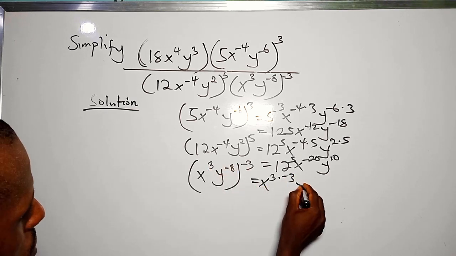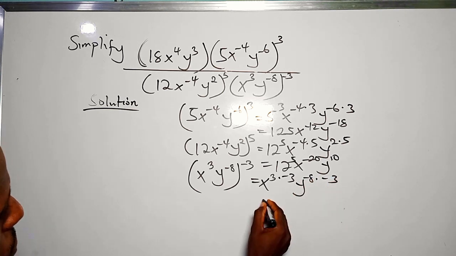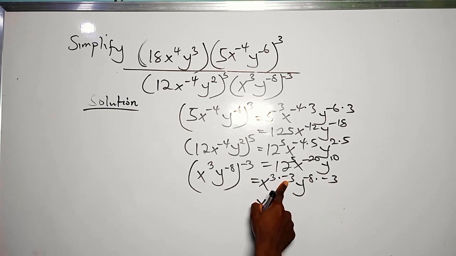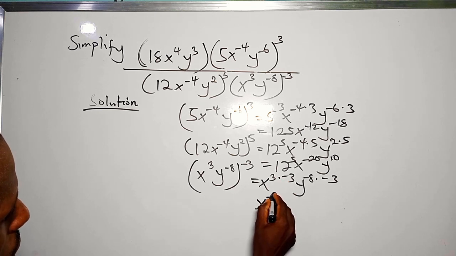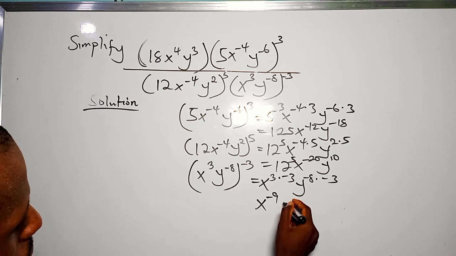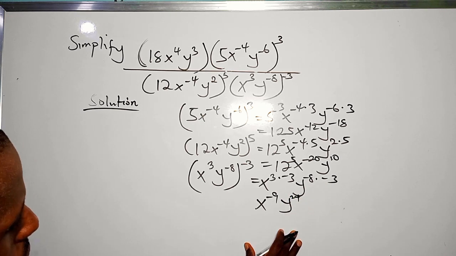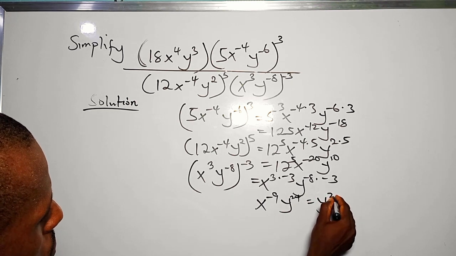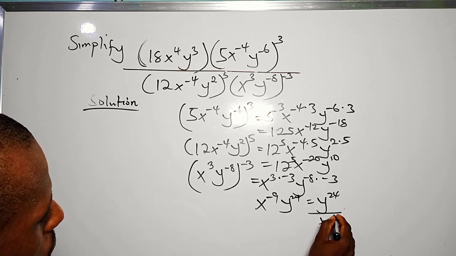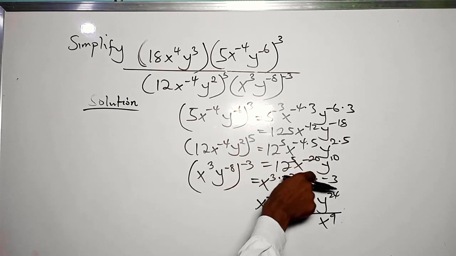For x^3 we have x^(3 times -3), which is x^-9. Here for y we have y^(-8 times -3), which is y^24. Or we have it as y^24 over x^9, which is this. So let us combine this with this.